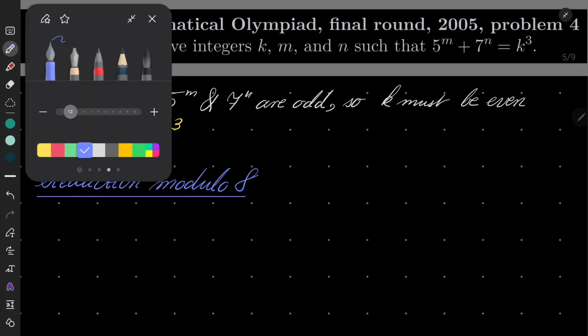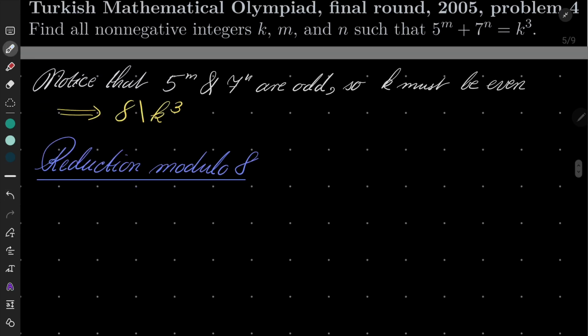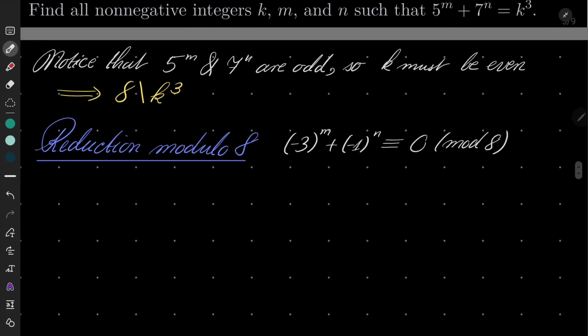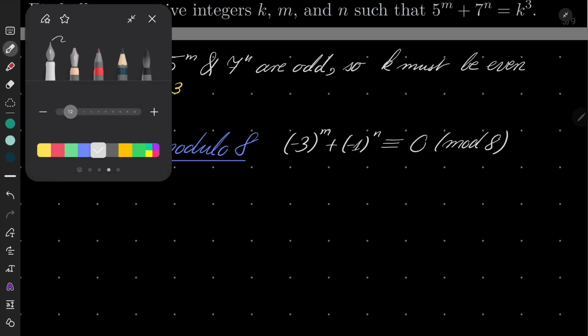After reduction modulo 8, our equation becomes: 5 is congruent to minus 3 modulo 8, and 7 is congruent to minus 1 modulo 8, and the right hand side is, as we know, divisible by 8, so it's congruent to 0. And now think about, when can this happen?